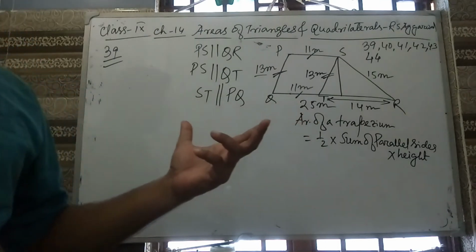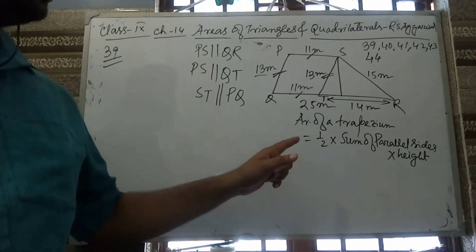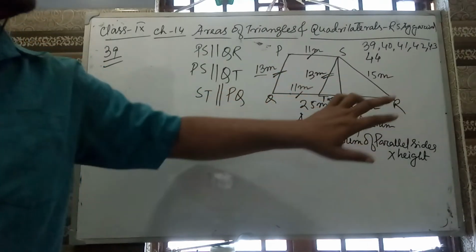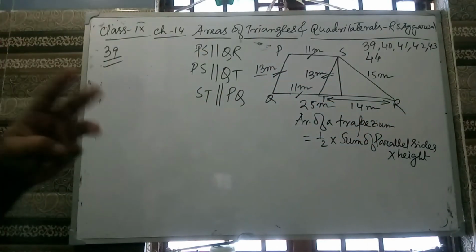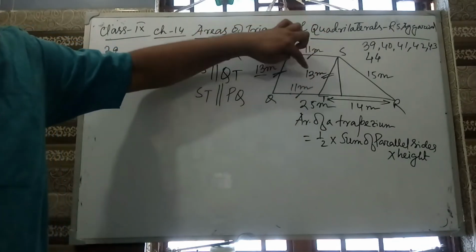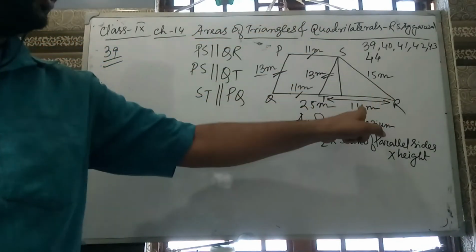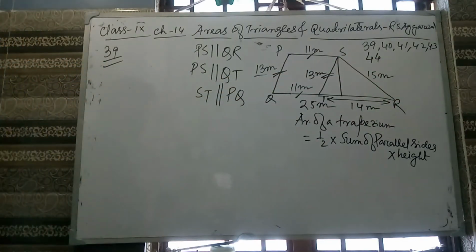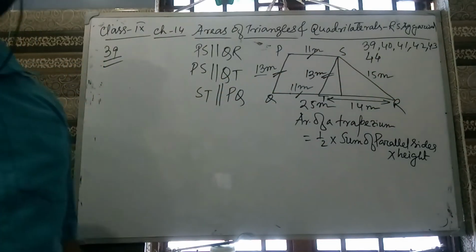Now what we have to do? Now observe the triangle STR. All the three sides of the triangle are known. This ST is 13, TR is 14 and SR or RS is 15. So what we will do?